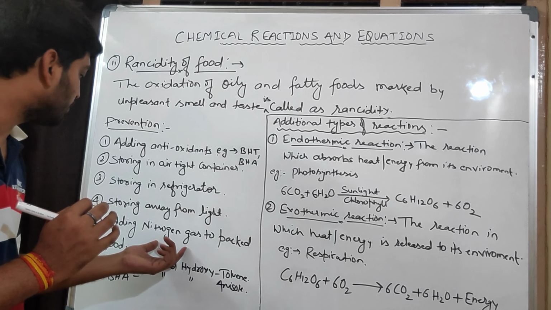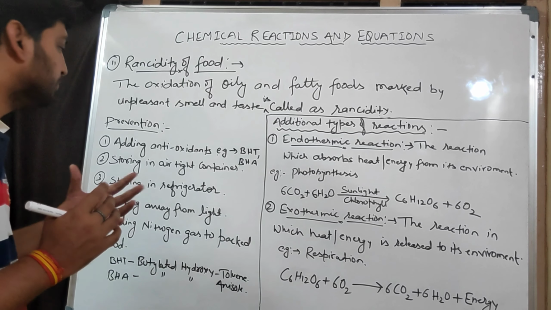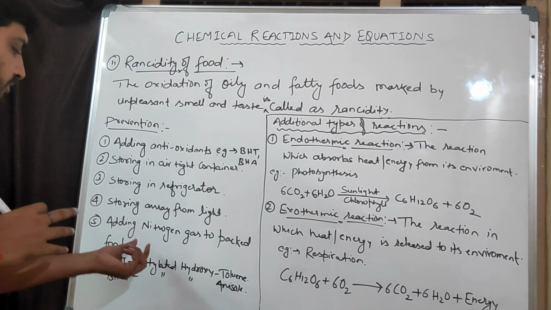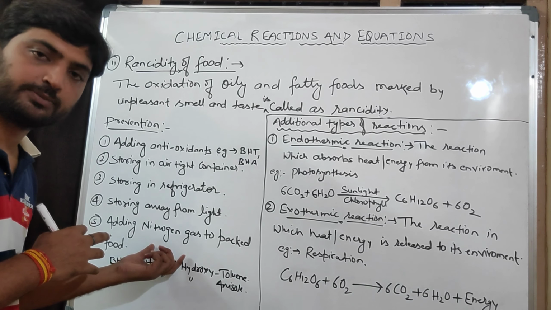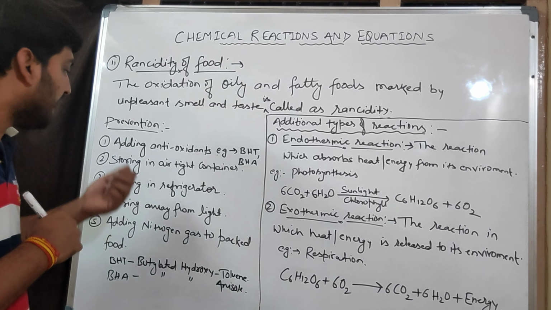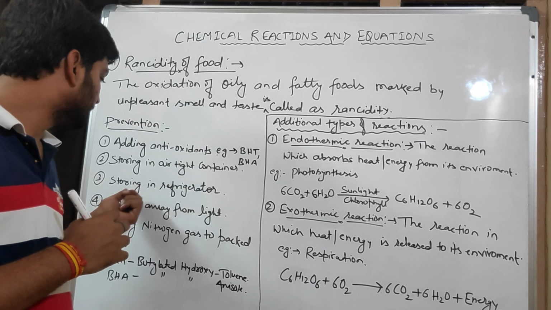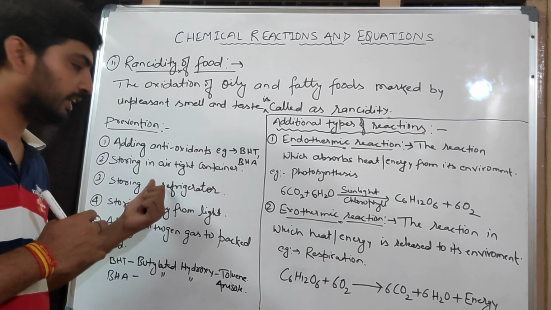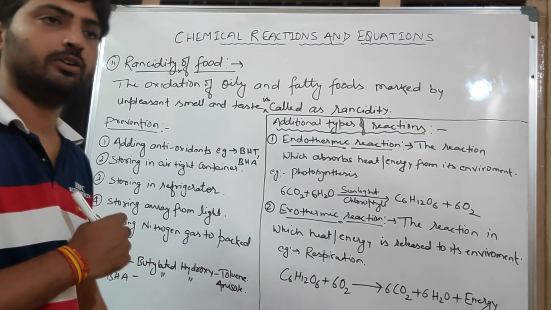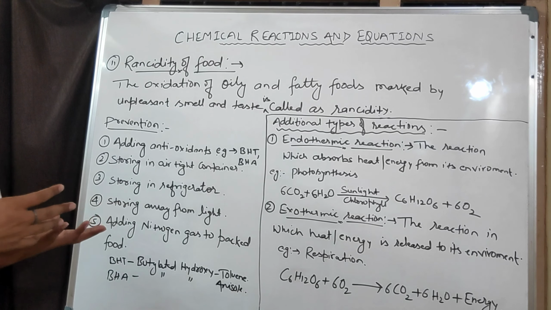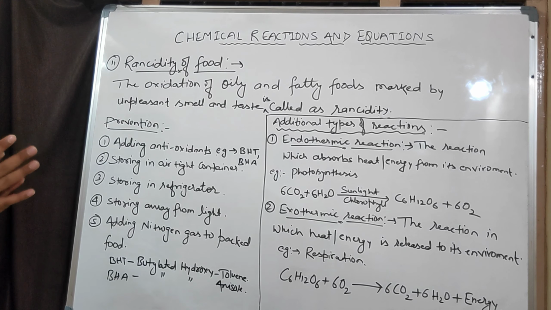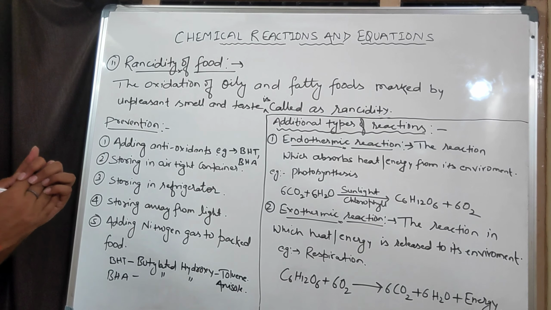Next is adding nitrogen gas to packed food, which I have already discussed. And one more important thing, storing food in the refrigerator. We keep our food in the refrigerator to protect it from oxidation.